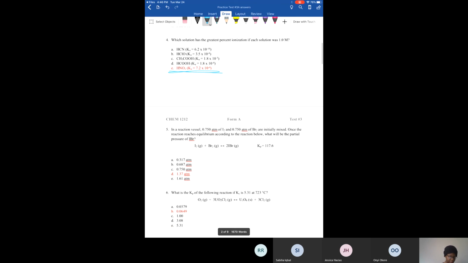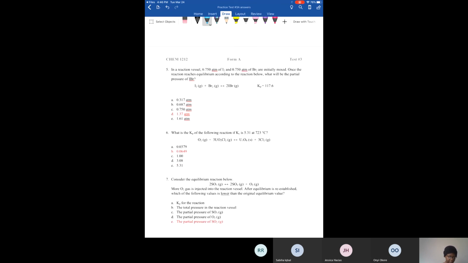Okay, so in a reaction vessel, 0.75 atm of I2 and 0.75 atm of Br2 are initially mixed. Once the reaction reaches equilibrium according to the reaction below, what will be the partial pressure of IBr? Okay, so this is just another ICE table. So I2, Br2.